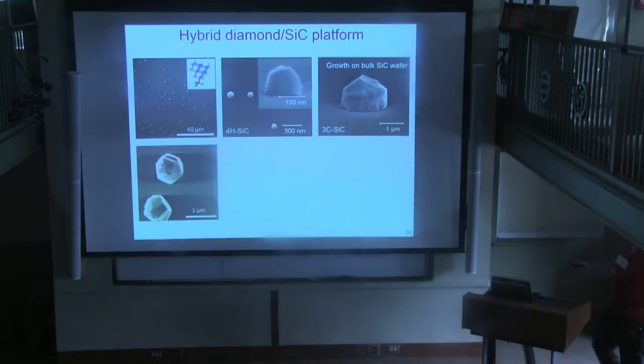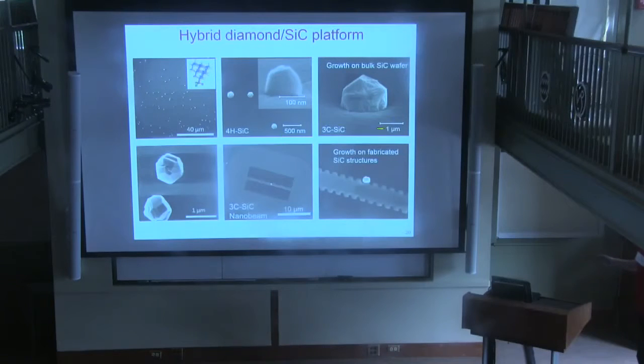And that growth fortunately works on 4H silicon carbide as well as on 3C silicon carbide. It can be grown with different sizes, from only a few 100 nanometers to a few microns. And surprisingly, the growth does not only work on bulk, but we can also grow on nanostructures themselves.